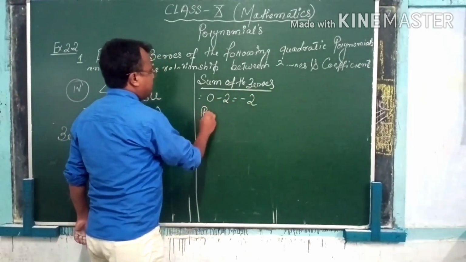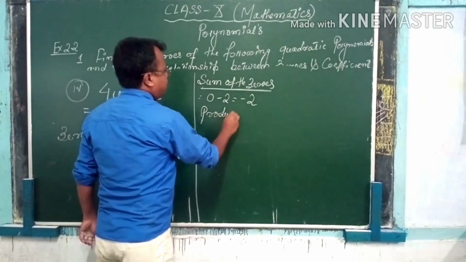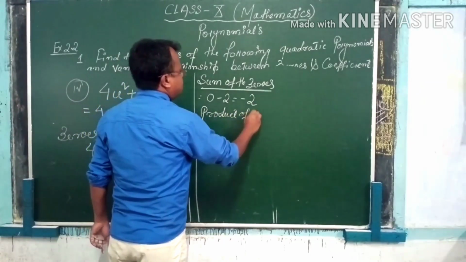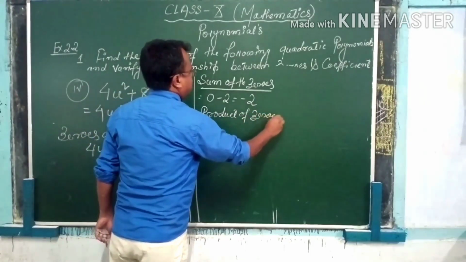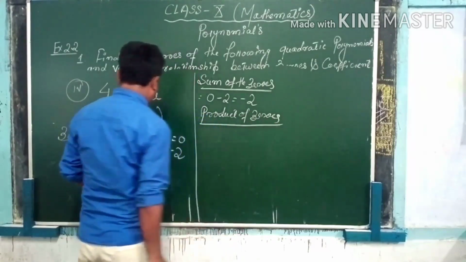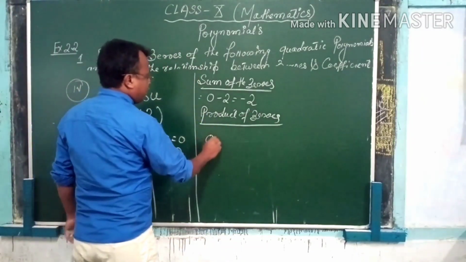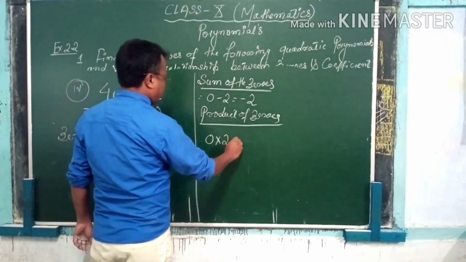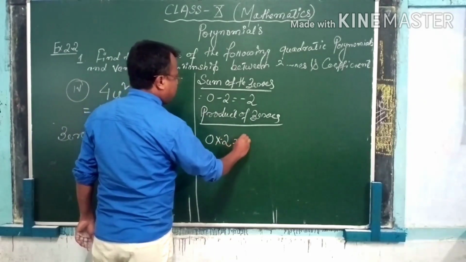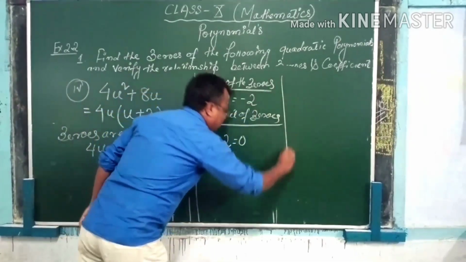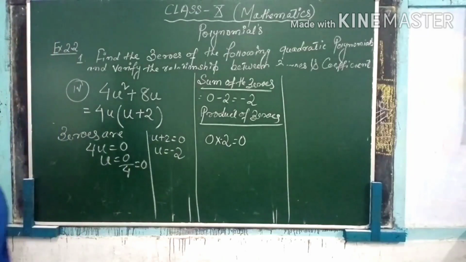And product of the zeros: 0 into minus 2, so it is equal to 0. So we got the sum and product of the zeros of this quadratic polynomial, minus 2 and 0.